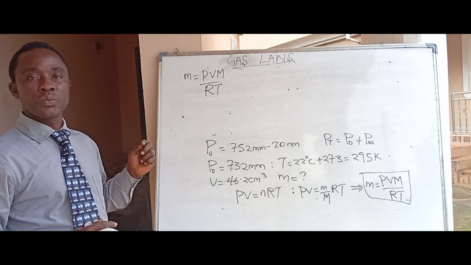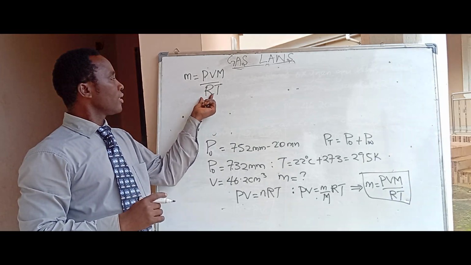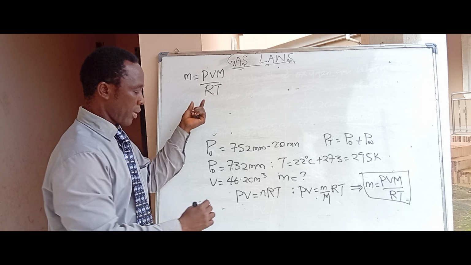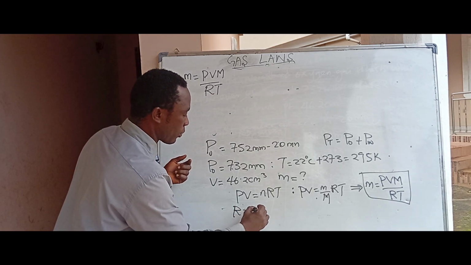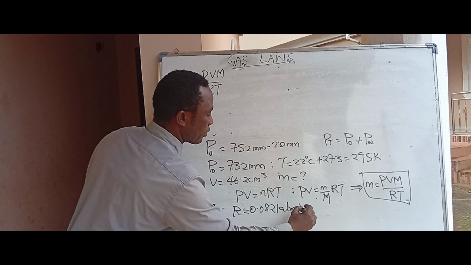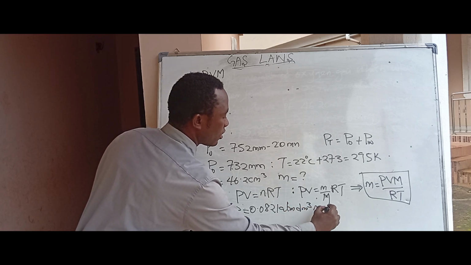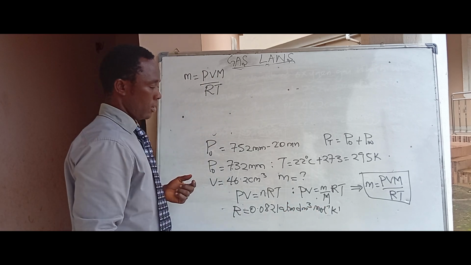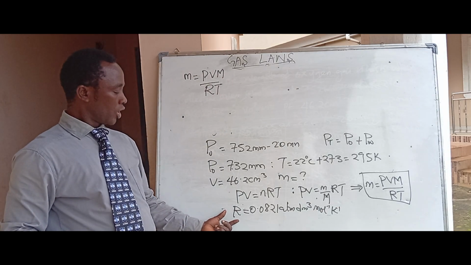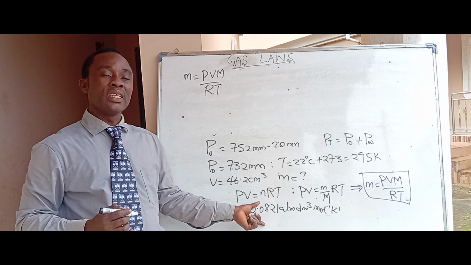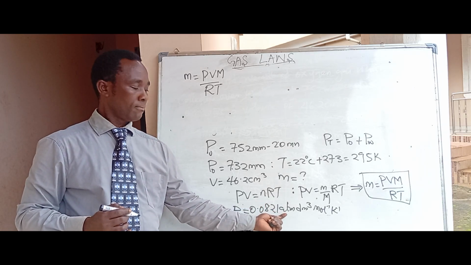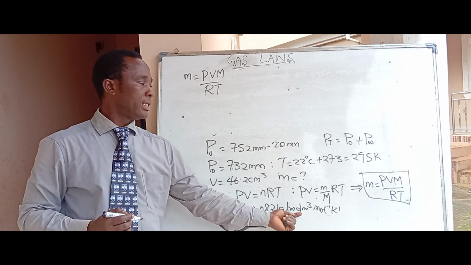And remember I told you, anytime you are solving an equation with the molar gas constant, remember the molar gas constant is 0.0821 atm dm cube per mole per Kelvin. What it simply means is that anytime you are solving an equation with R using this constant, your pressure must be in atm and your volume must be in dm cube.